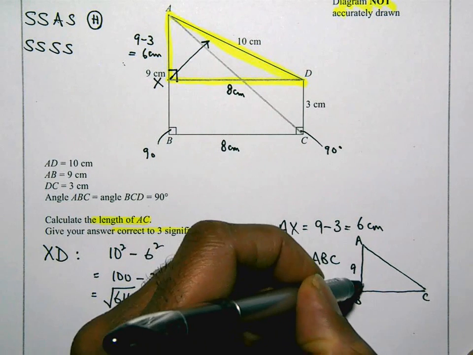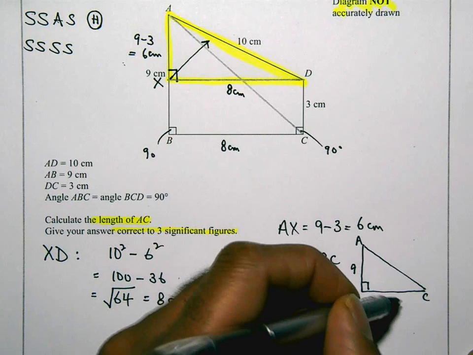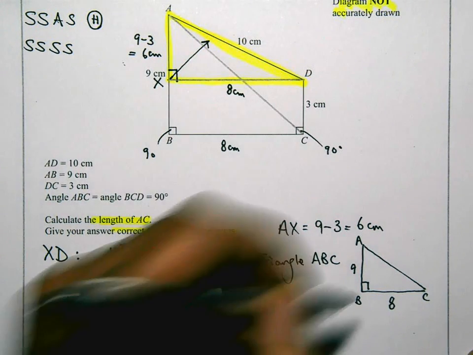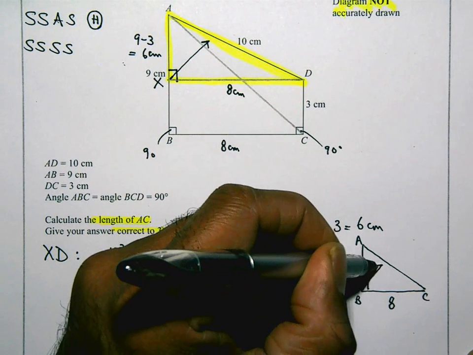That's a right angle, and we've just worked out that the base is 8, and we want to work out AC. If I draw an arrow going out there, that means I want to work out the hypotenuse.